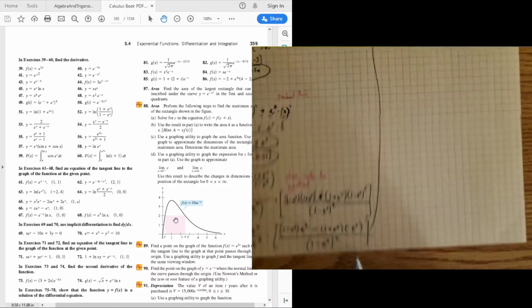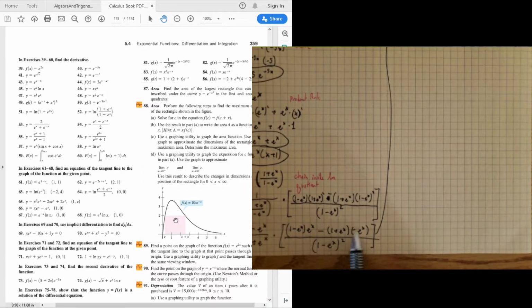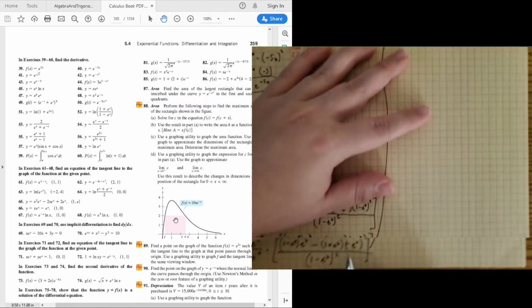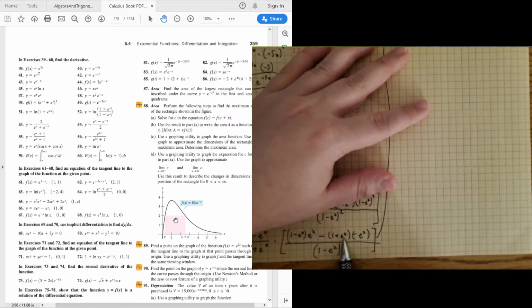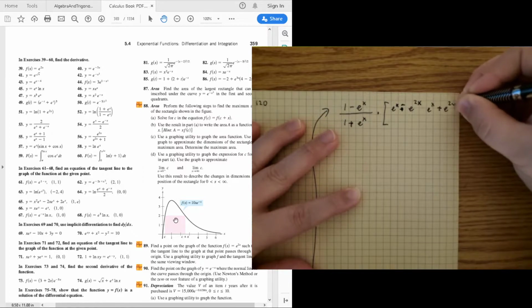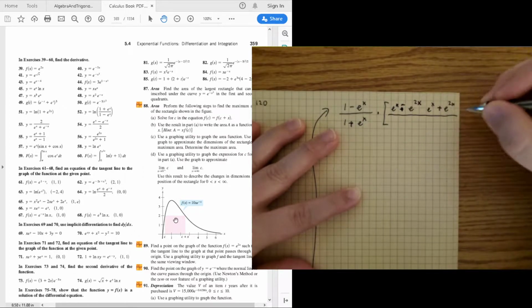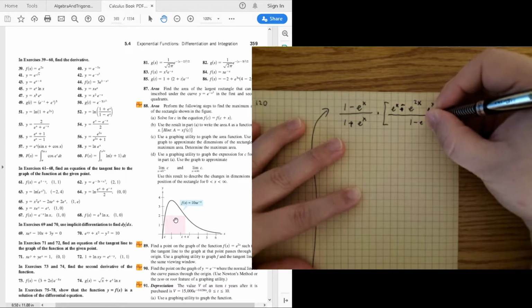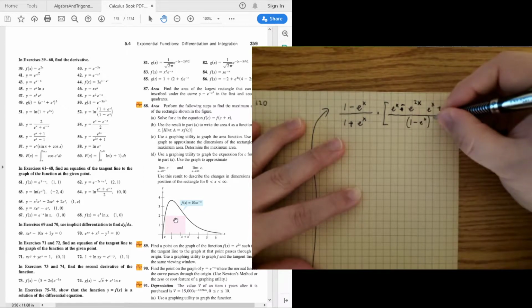Okay, back here, the negative signs are actually going to cancel, meaning these are all going to be positive. E times 1 would be e to the x. E times e to the x would be e to the 2x, divided by 1 minus e to the x quantity squared.